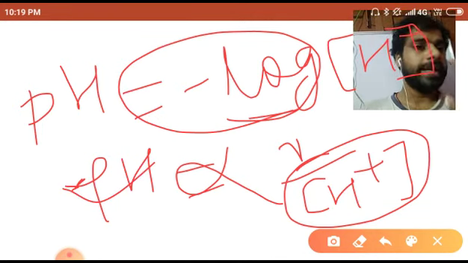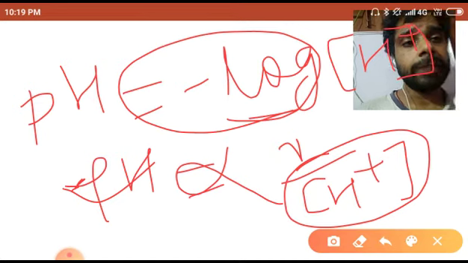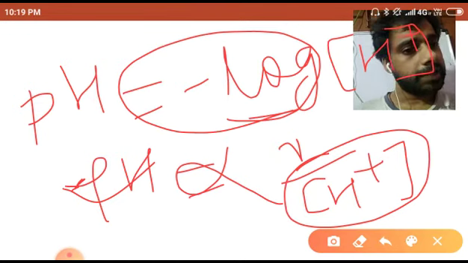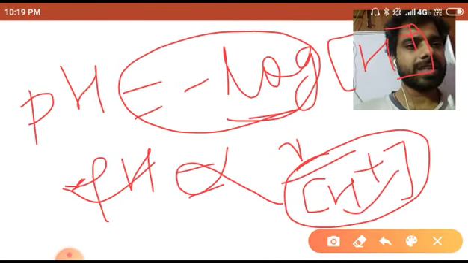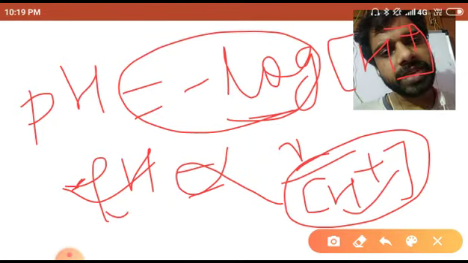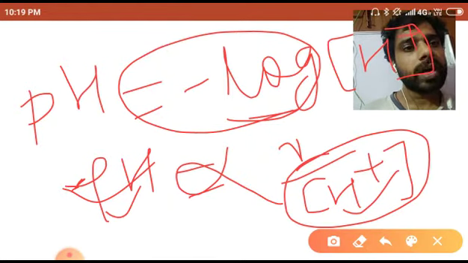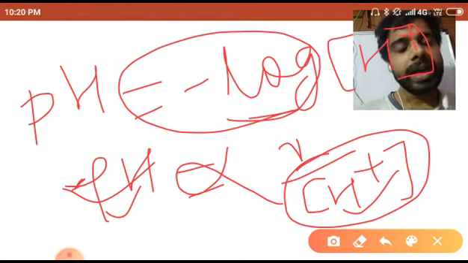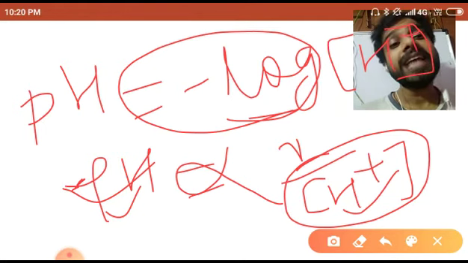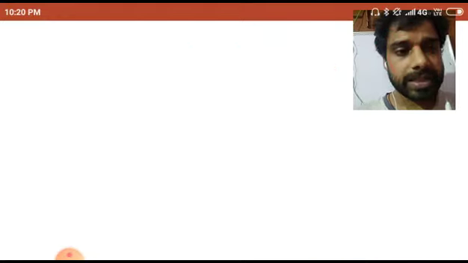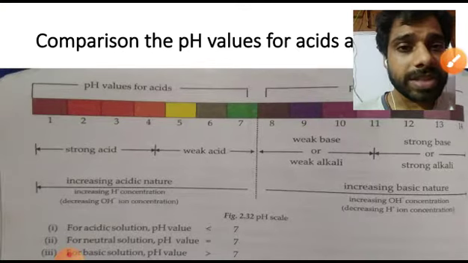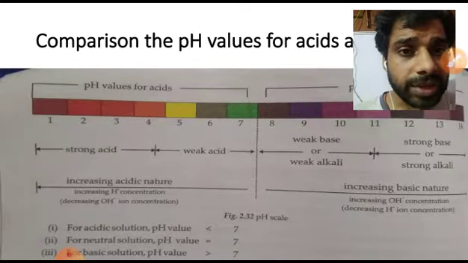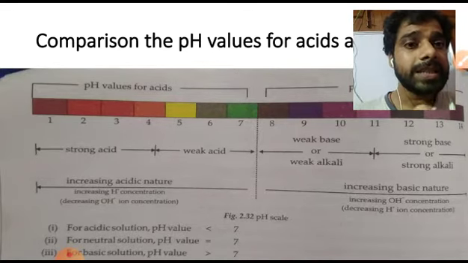If you see in some data that the H plus value is larger, that means the pH value is lower. And if the pH value is lower, that means it is highly acidic. You have seen that when the pH value is less, 1, 2, 3, it is highly acidic.